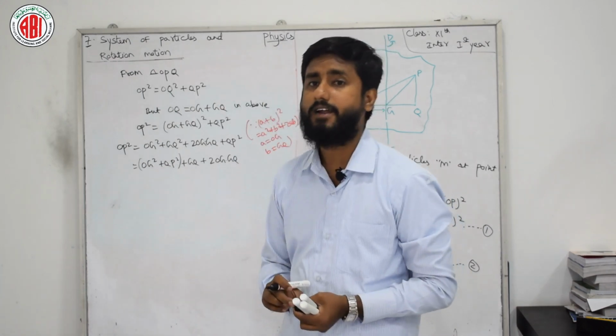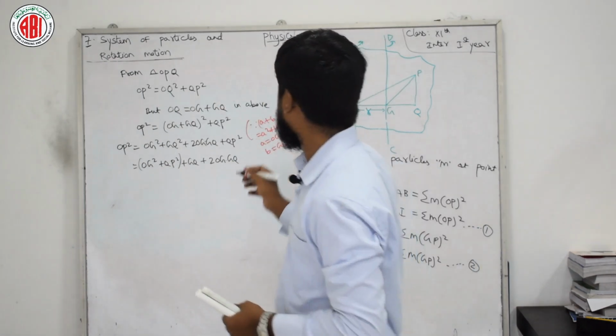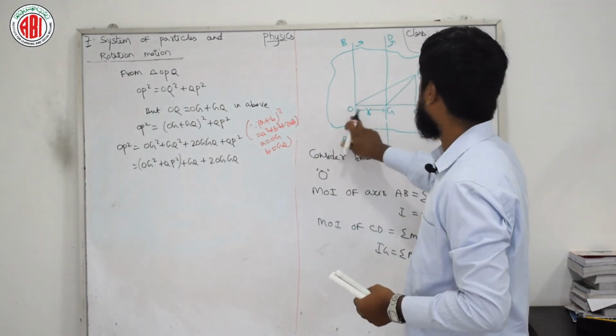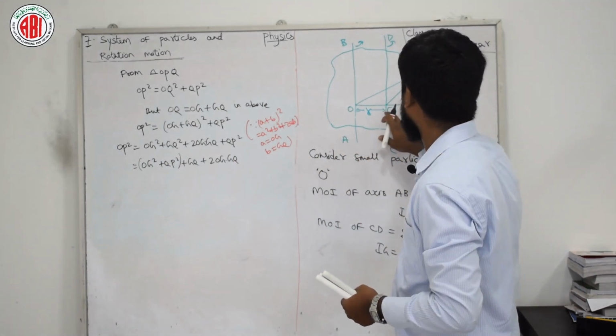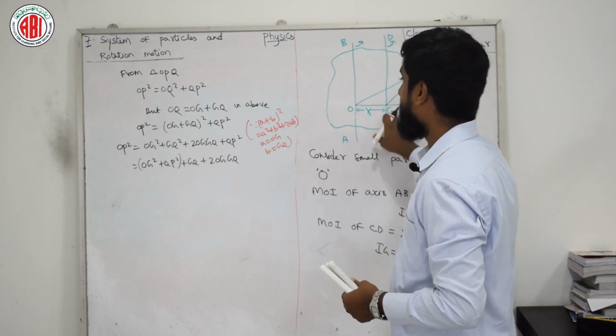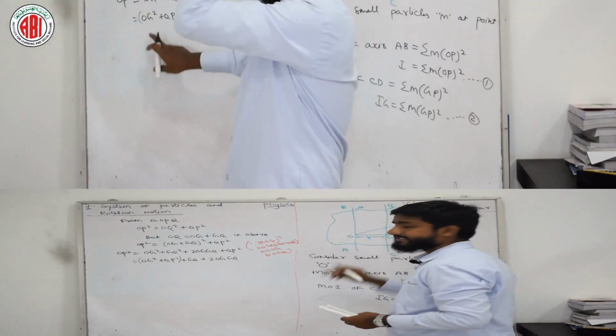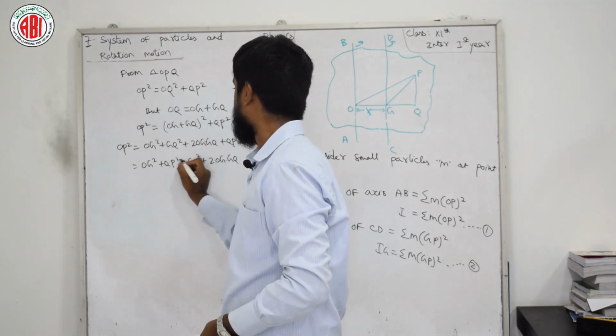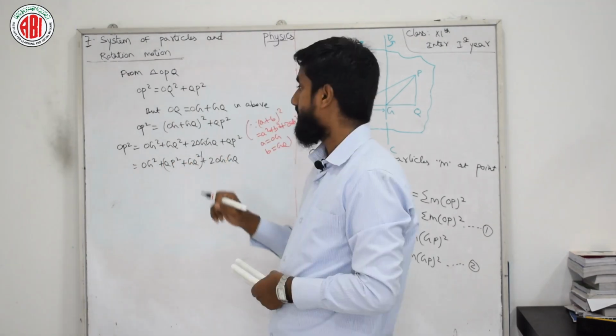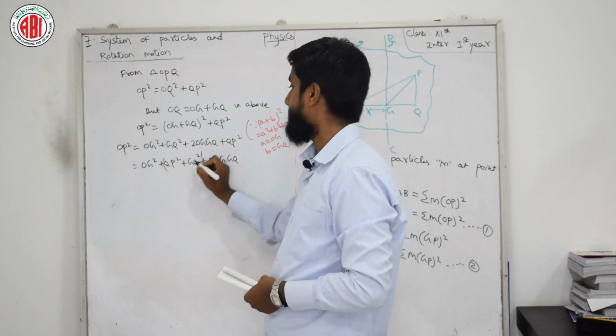Why am I placing a bracket? Because here, OG square plus QP square, small correction, we need to write this as GP square plus GQ square.